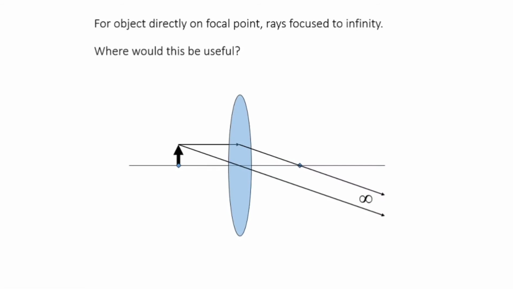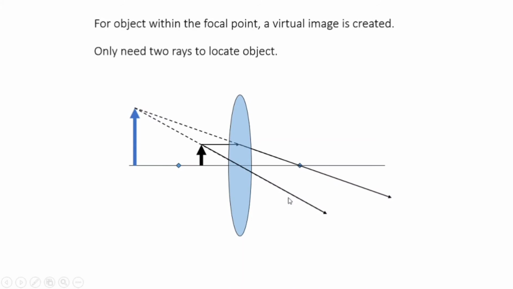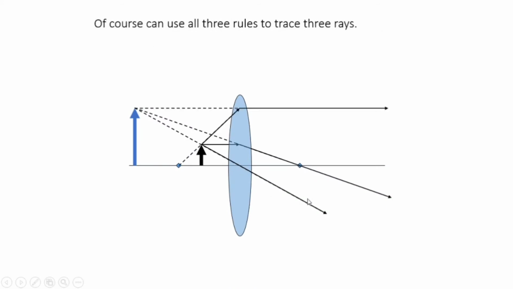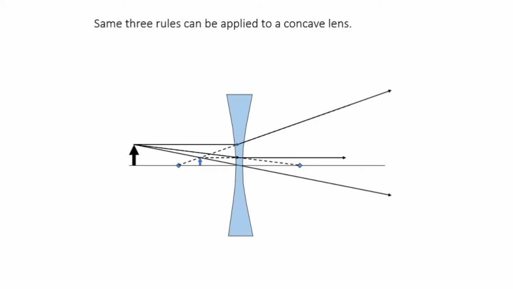For an object directly on the focal point, rays are focused to infinity. If we take another object which is farther from the lens than the previous one, it will look like this. Again it is from the three rules to trace three rays.